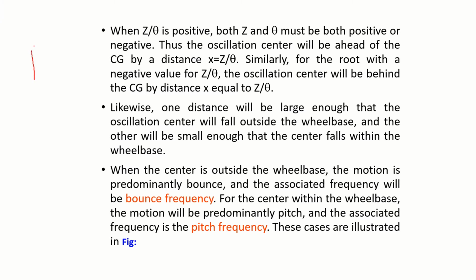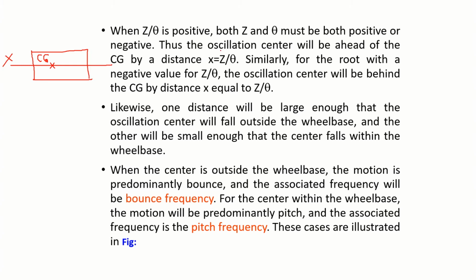So let us consider this is your vehicle. This is the x-axis. This is my center of gravity point, CG. If z by theta is positive, z and theta must be both positive or both negative.